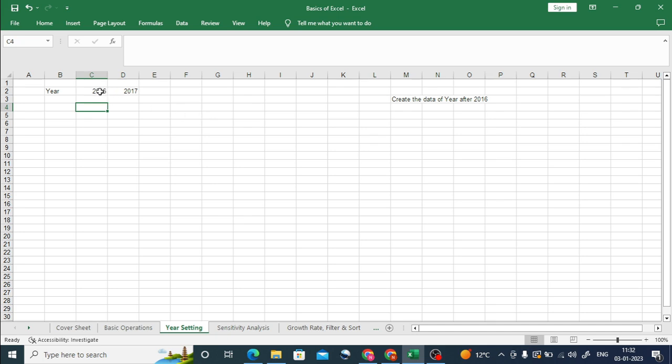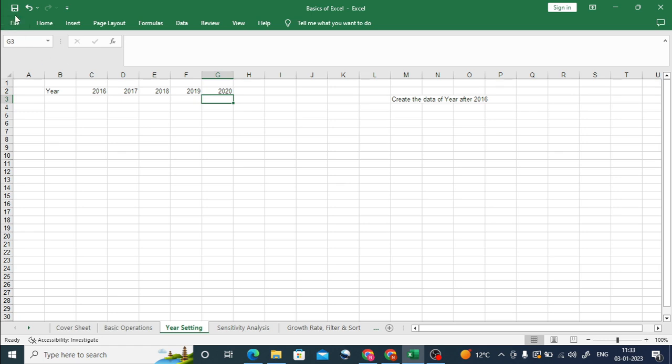Let's suppose that you have the data of, let's say you have mentioned that the year is 2016 and then you have mentioned that the year is 2017. Now you need to continue this. You need to simply keep on increasing the year. So one approach is that you type 2018, then you type 2019, then you type 2020, right?